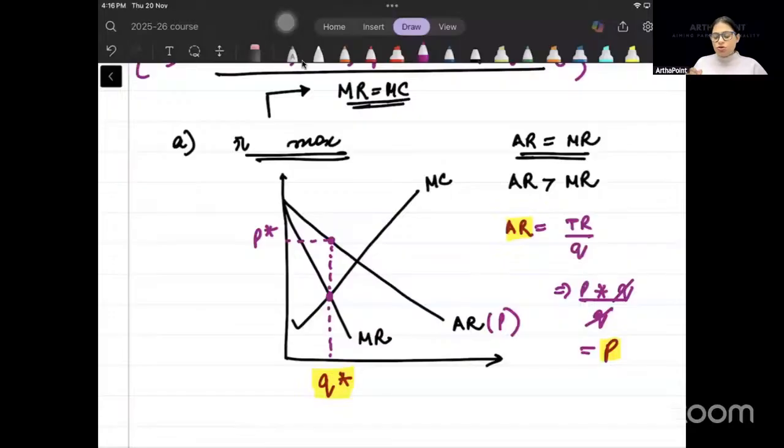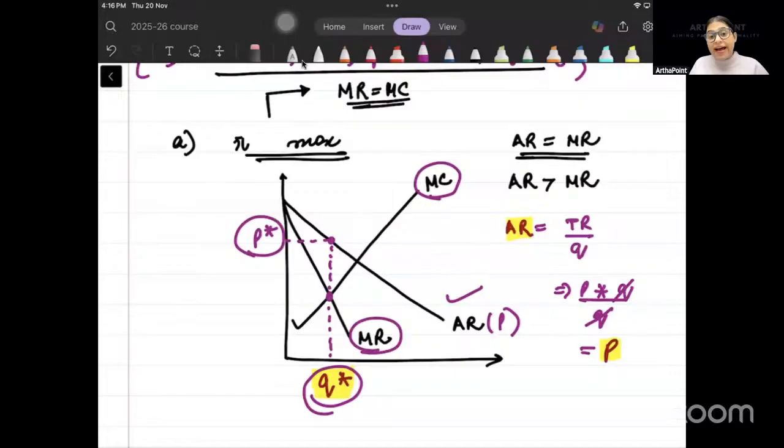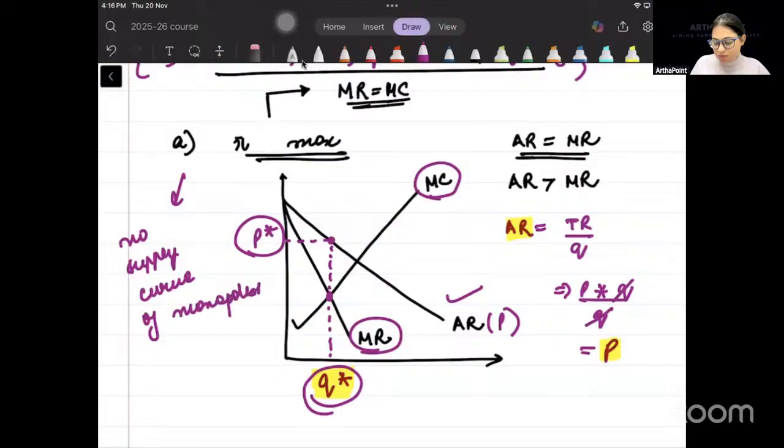Okay. So remember that quantity you get by equating MR equal to MC, but price you get from a different curve. That is the reason we say that there is no supply curve of a monopolist.